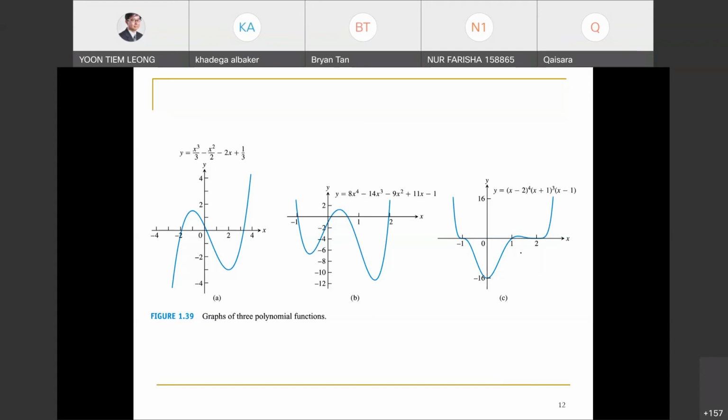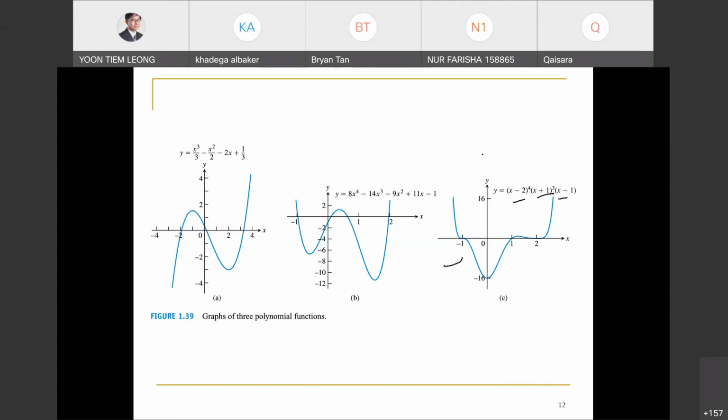Okay, so this is a polynomial of what power, right? So you can count. If you open up this factor, it's power 4, then the highest power in x for this term is power 3, this is power 4, this is power 1.